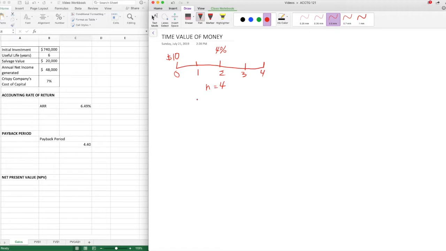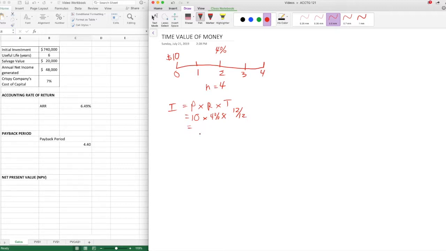If they get simple interest, then they're only going to earn 4% on the $10. Interest equals principal times rate times time. So if we invest the $10 at 4% for a whole year, 12 out of 12 months, how much interest are we going to get?